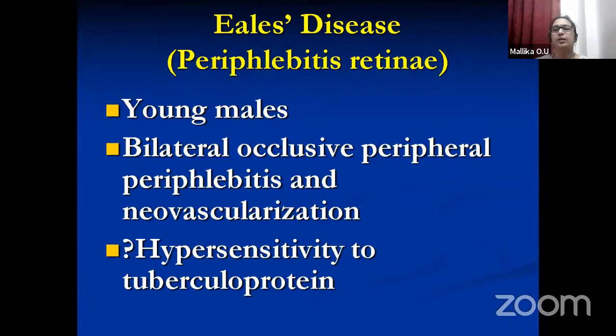Any patient who suffers from a venous obstruction or an arterial obstruction, though it is not common with arterial. That is, neovascularization is not common with arterial circulation because arterial obstruction leads on to anoxia. But venous stasis or venous obstruction leads on to hypoxia. Whenever there is hypoxia, the hypoxic retina produces vascular endothelial growth factor, striving to produce blood vessels.